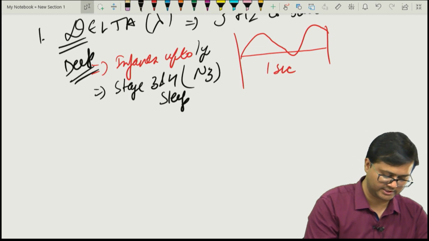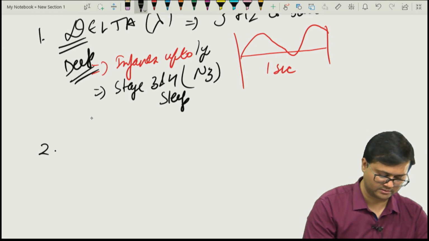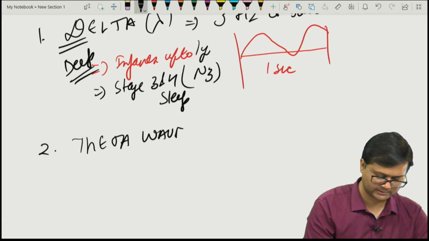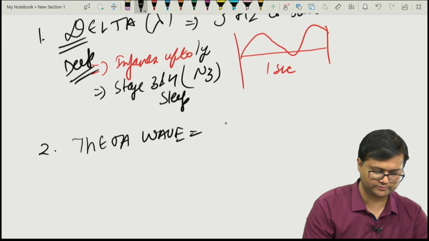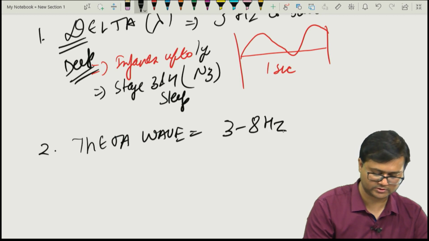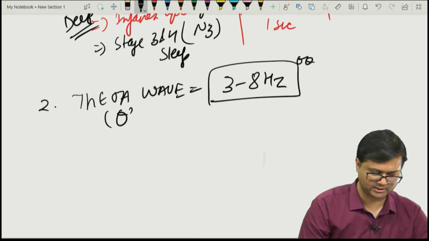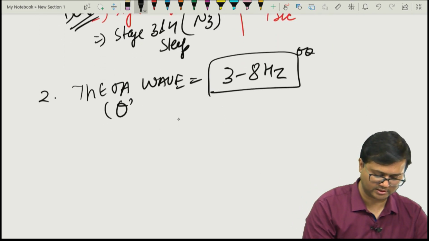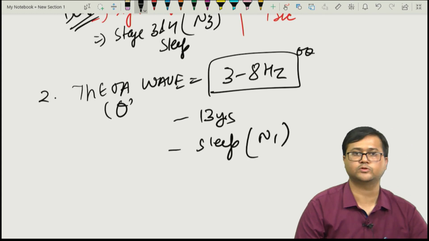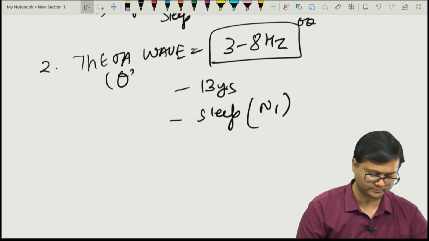Then the second are the theta waves. They have a frequency of 3 to 8 hertz. These generally may be seen up to 13 years of age and also in sleep, like in the N1 stage of NREM sleep.